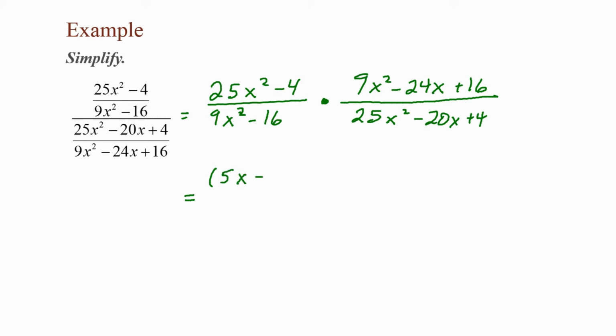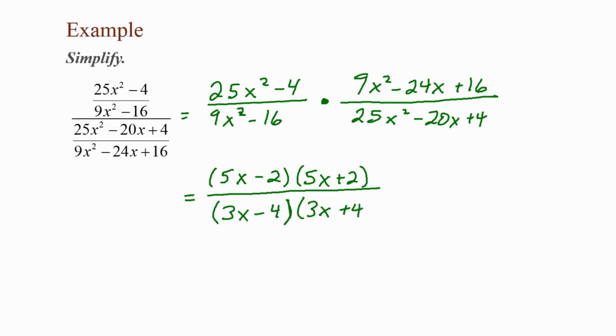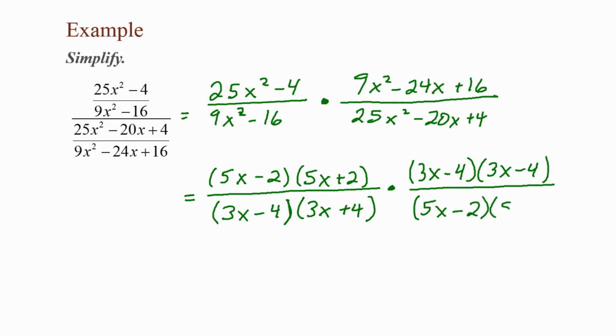So I have 5x minus 2 times 5x plus 2, over 9x squared minus 16, also the difference of two squares, 3x minus 4 times 3x plus 4, times 9x squared minus 24x plus 16, which is a perfect square trinomial, which means we'll have 3x minus 4 times 3x minus 4, over 25x squared minus 20x plus 4, which is also a perfect square trinomial, so that gives me 5x minus 2 times 5x minus 2.